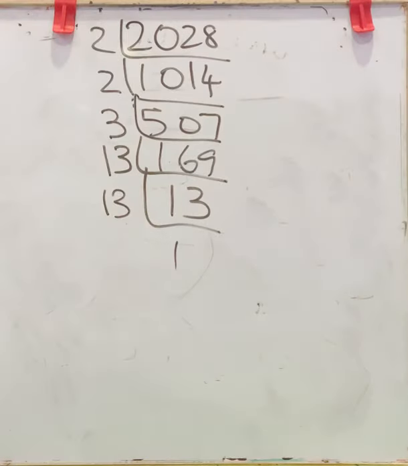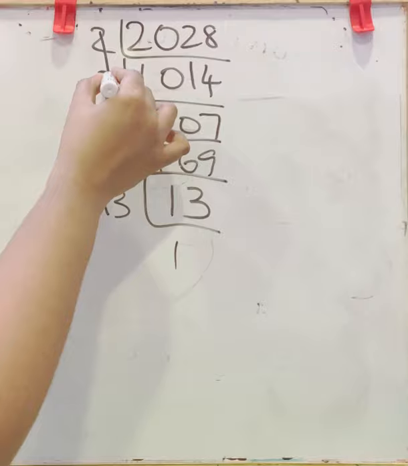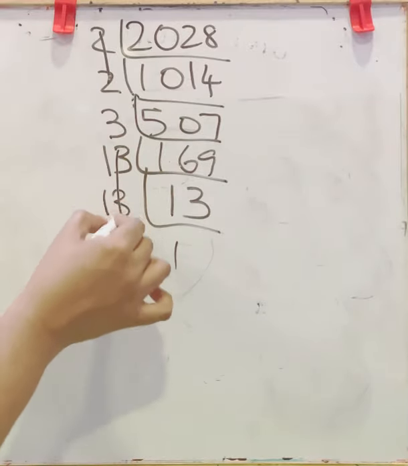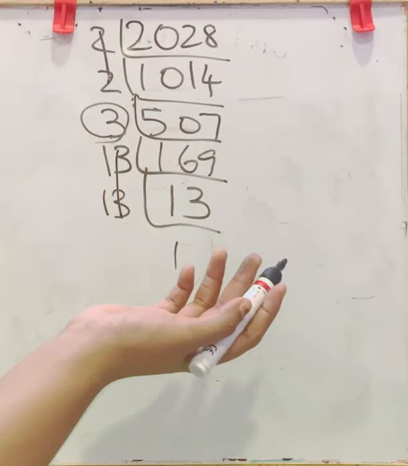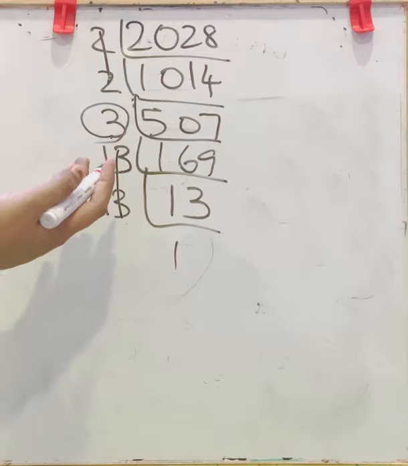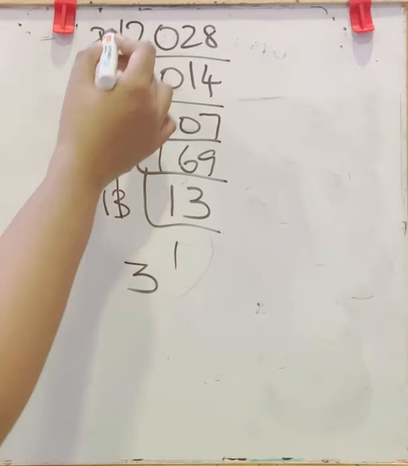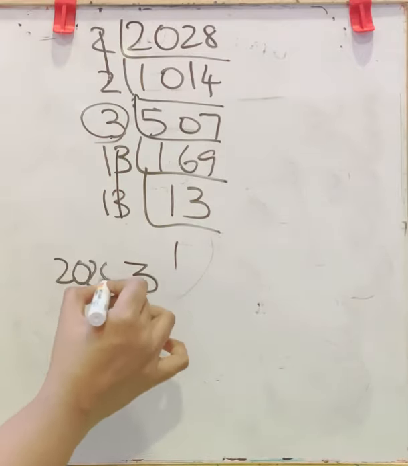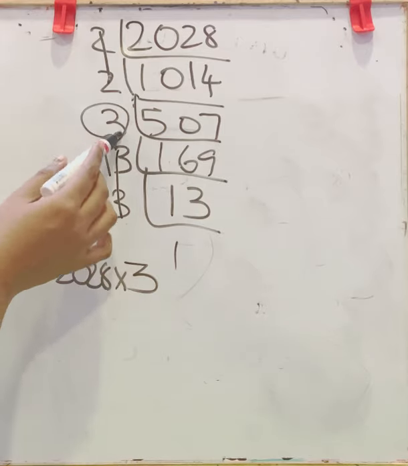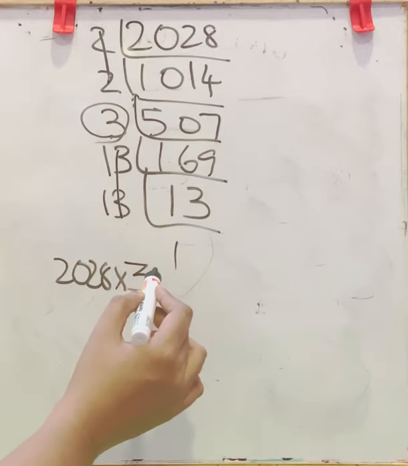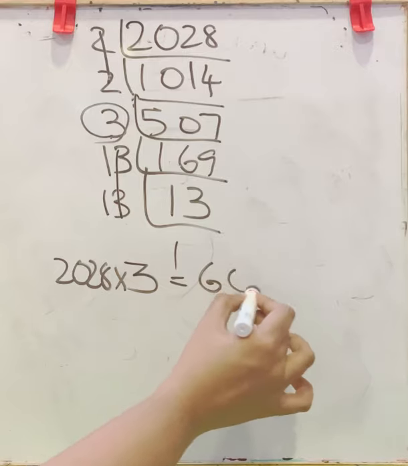Now for this we have pairs for 2 and 13, for 3 we have no pair, so which number should be multiplied? 3 should be multiplied with the given number to get a perfect square, because the pair of 3 is missing. 2028 into 3 is 6084.